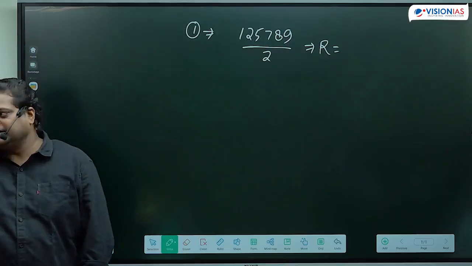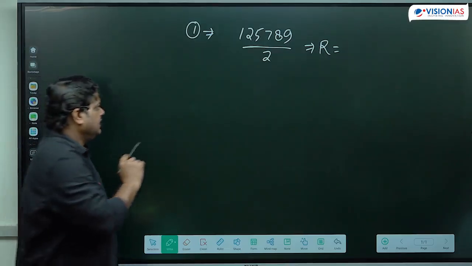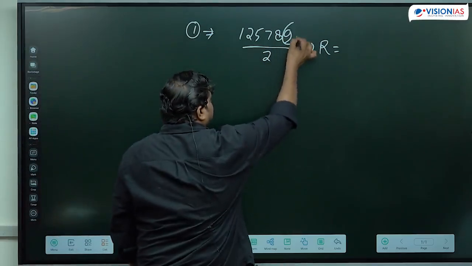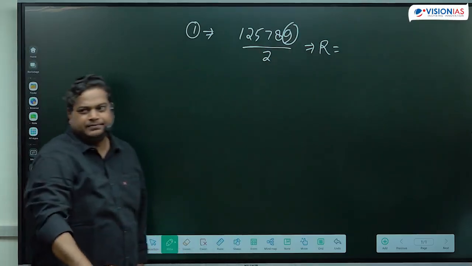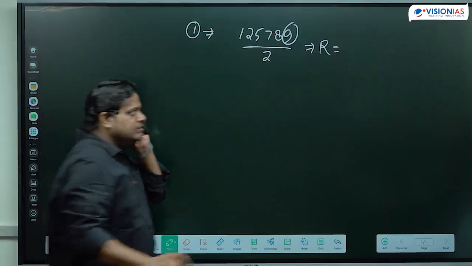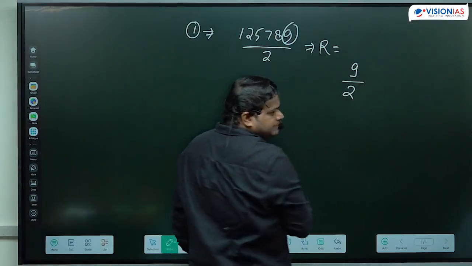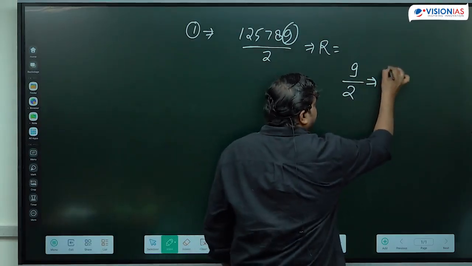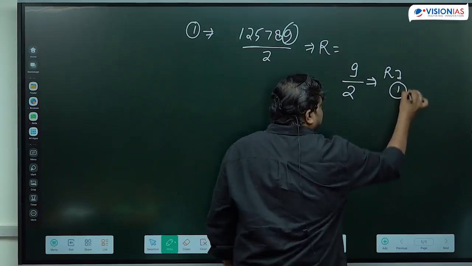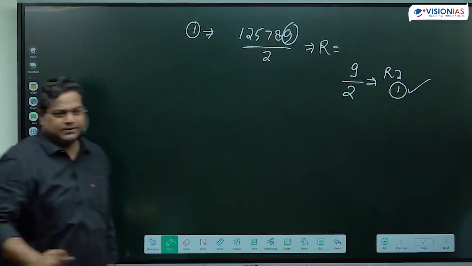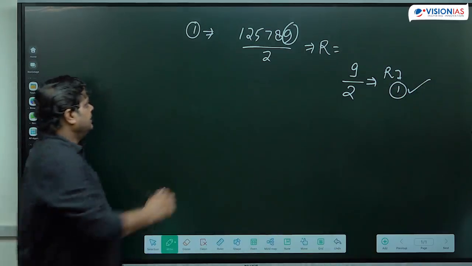Only one possibility, that is 1. If we apply divisibility rule also, the last digit must be divisible by 2. We can take last digit, usko we can divide by 2. What remainder we are getting here? 1. That means 1 is our answer.